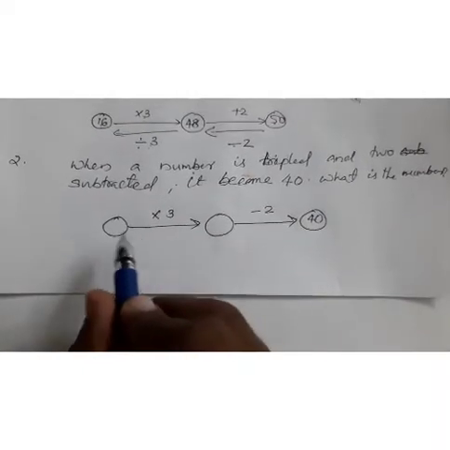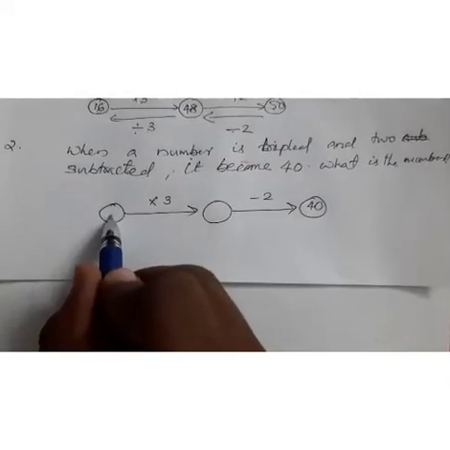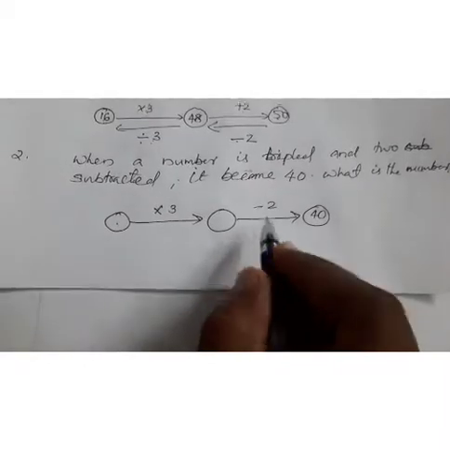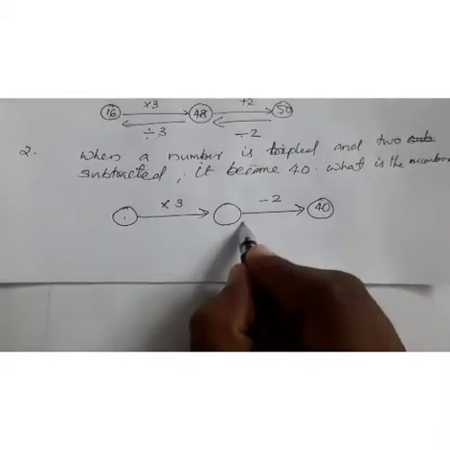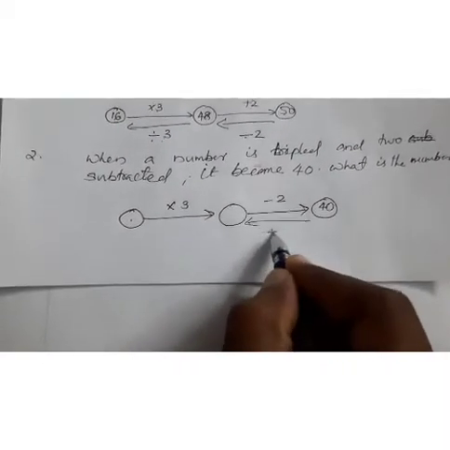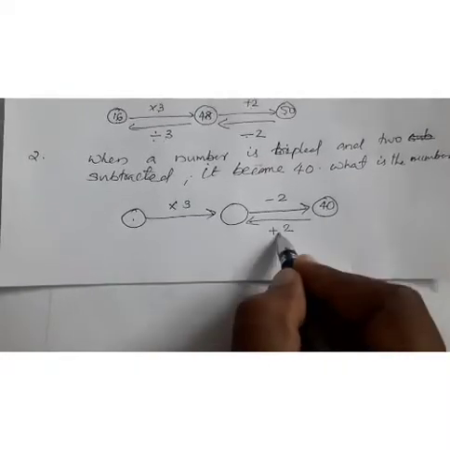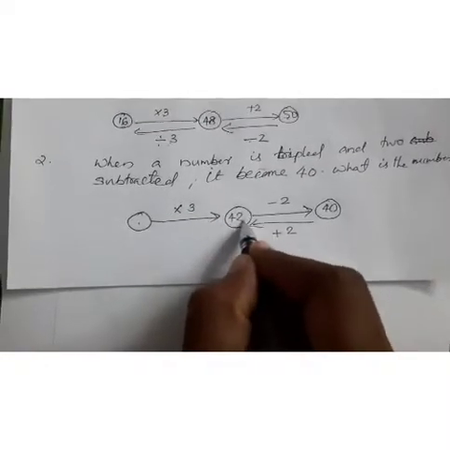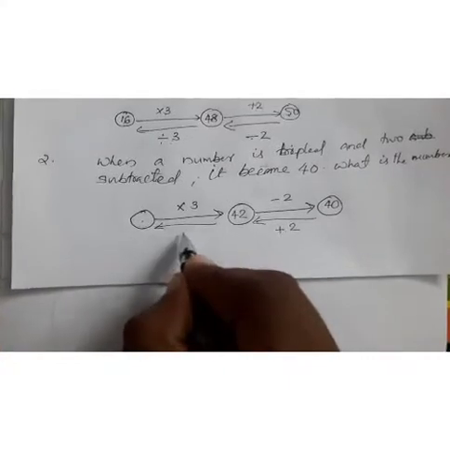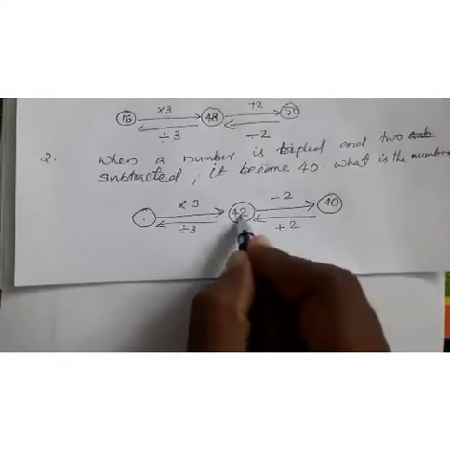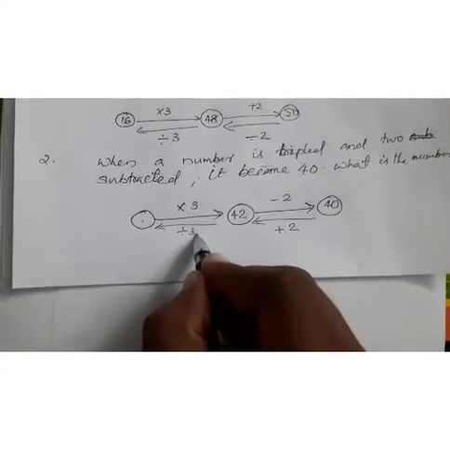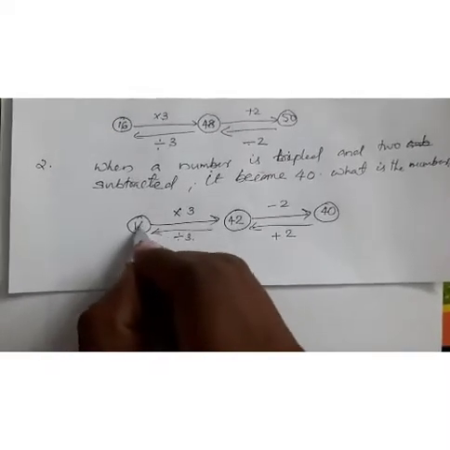So you have to find this unknown number. So the reverse, here it becomes addition. So 40 plus 2 is 42. Here the reverse is dividing by 3. So 42 by 3 is how much?